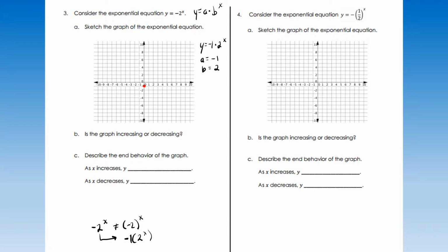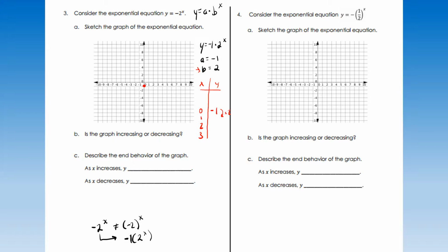And let's do what we did on the last two graphs. Let's take this table here, x and y, so I can see what's happening on my graph. All right, and again, I'm going to put x in the middle. So 0 is at -1. All right, as x is getting bigger, 1, 2, 3, my pattern is that I'm multiplying by that common factor of 2. So I'm taking -1 and I multiply by 2.